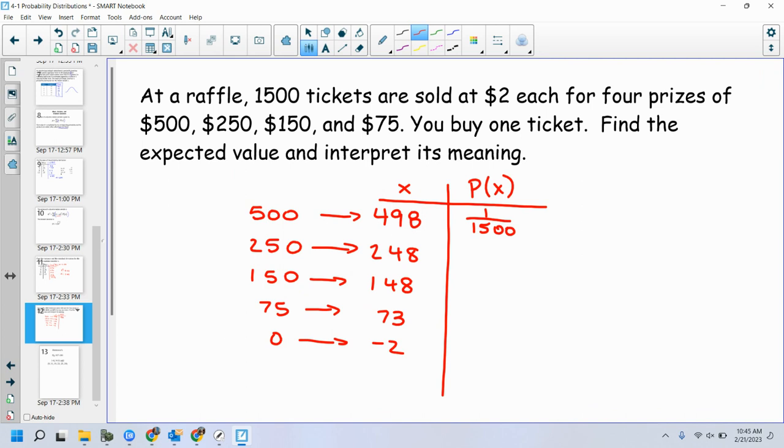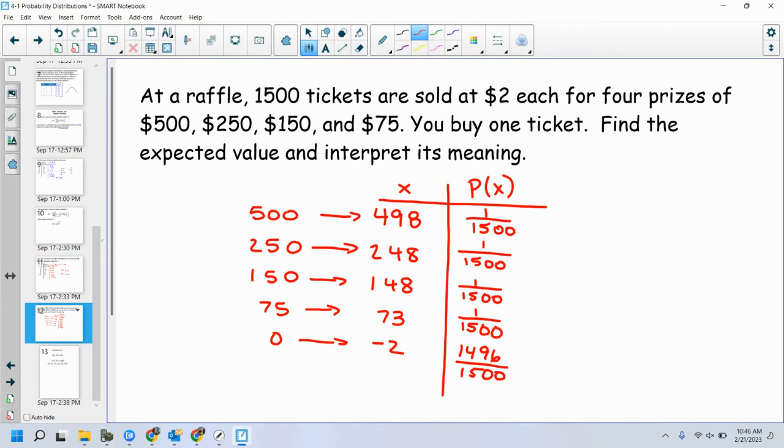How many is the $250 winner? 1 out of 1,500. What's the probability of me picking the $150 winner? 1 out of 1,500. What's the probability of losing? 1,496 out of 1,500.